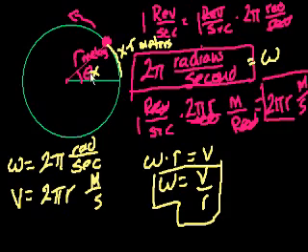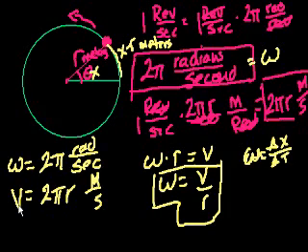But as you can see, if this angle is x, and this distance is x times r, and if omega is change in that angle over change in time, then we know this is true too: velocity is just change in this over change in time, right?